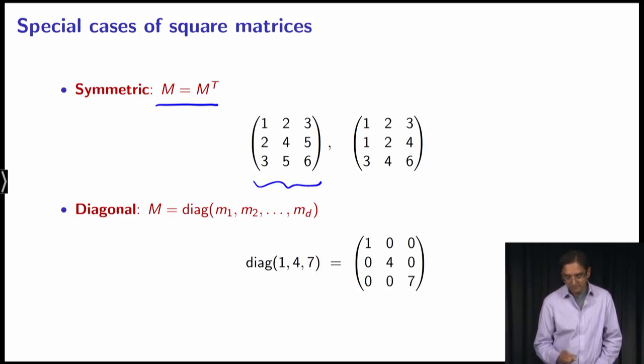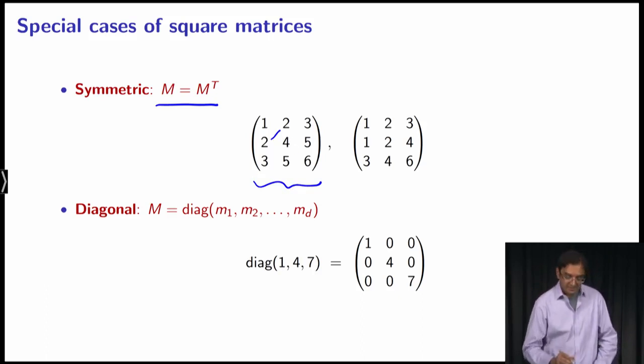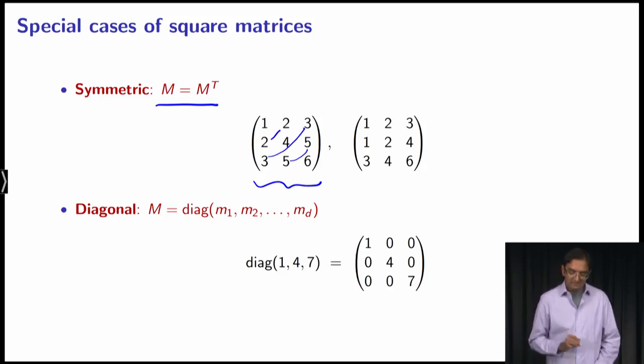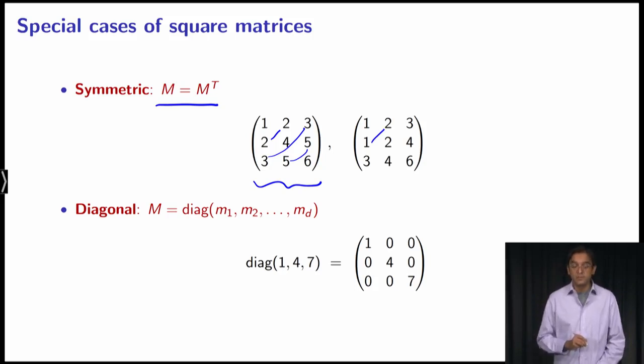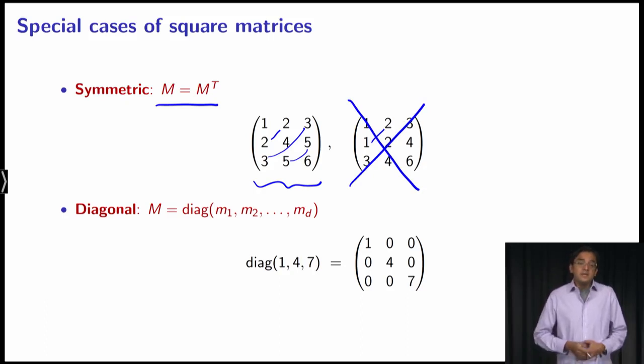If you reflect it in the diagonal, 2 comes back to 2, 3 comes back to 3, 5 comes back to 5, so it's symmetric. The second matrix over here is not symmetric. Look at this 1 and 2, for example. So this is a non-symmetric matrix. It turns out that many of the matrices we'll be dealing with will just automatically turn out to be symmetric, and this will simplify things quite a bit.